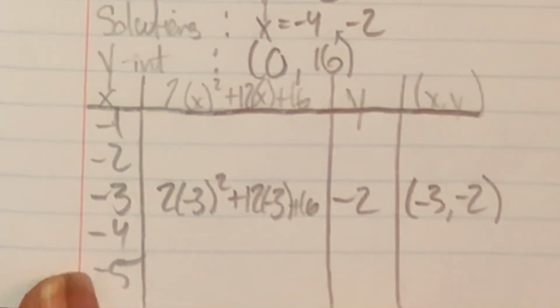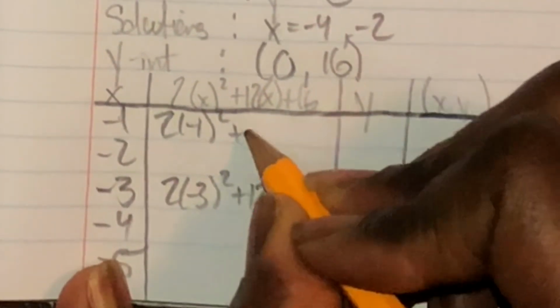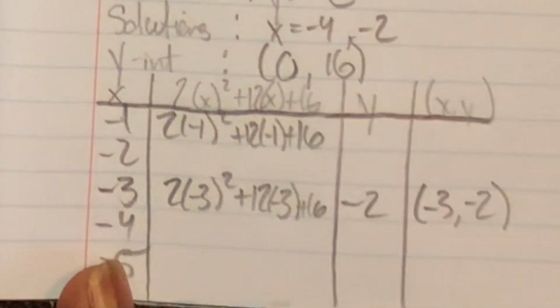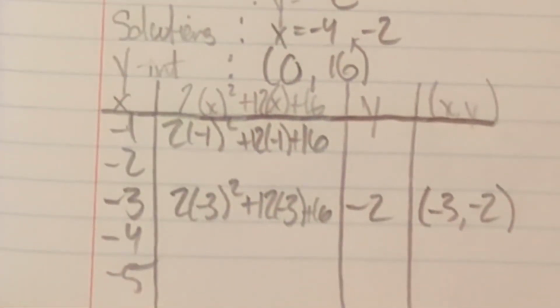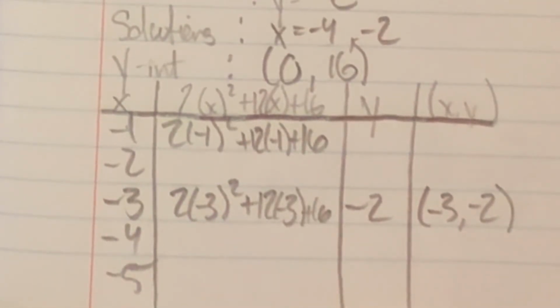Here we go. I say I had 2 times -1 squared plus 12 times -1 plus 16. Go ahead and use your calculator on that, but if you don't need it, listen up. -1 squared gives me 1. 2 times 1 is 2. 12 times -1 is -12.